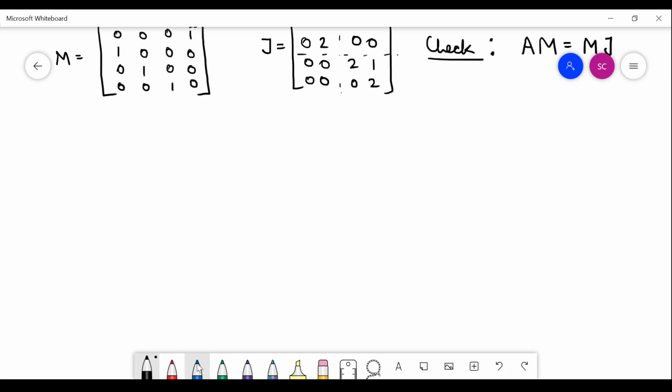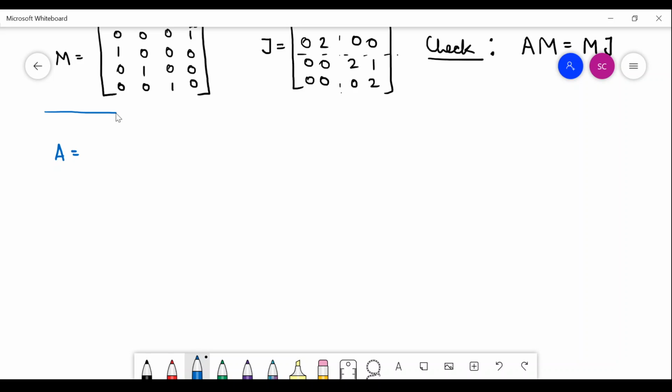So for the next example, let us use the color blue, and let us see the example. So yes, in this example we have a 5 cross 5 matrix. Let us take this 5 cross 5 matrix, which is this A equals to, this is example 2.